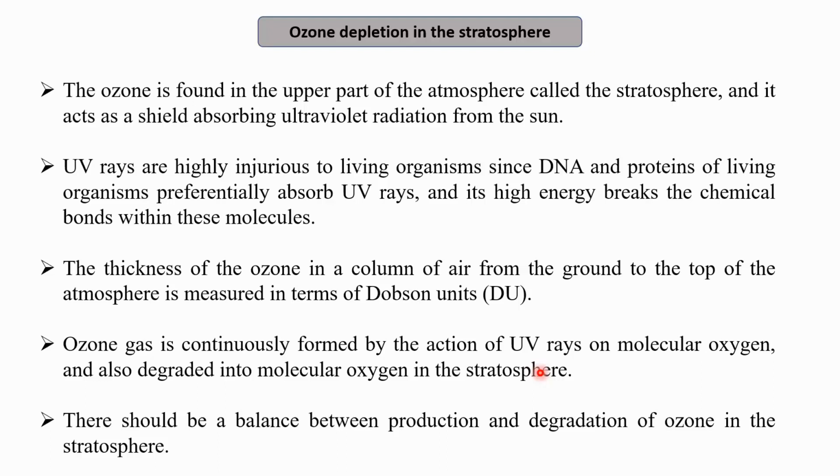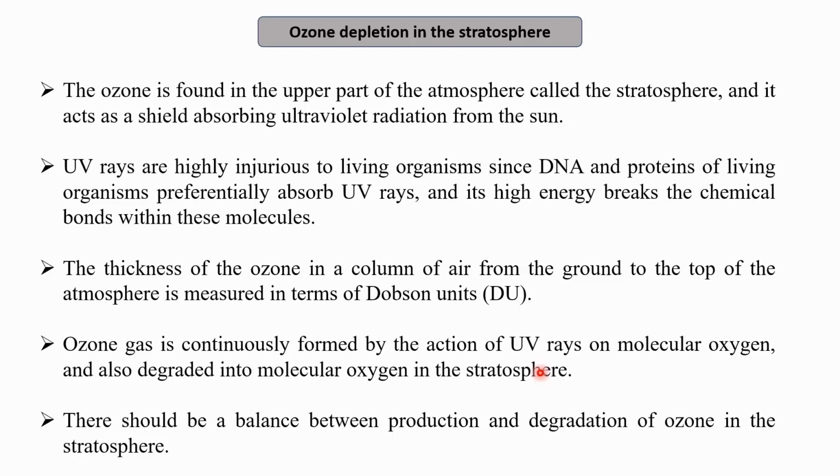The ozone gas is continuously formed by the action of UV rays on molecular oxygen. Whenever UV rays act on molecular oxygen, O2, it leads to the generation of free radicals.